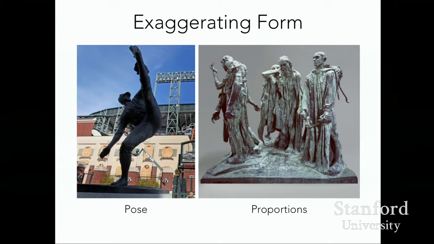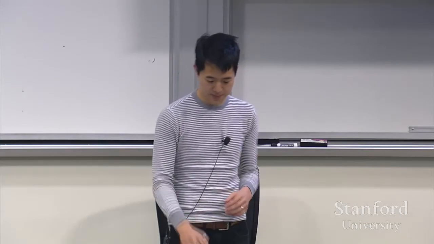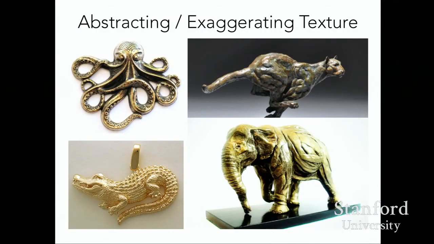And of course, exaggeration happens in the actual form of objects as well. So in the Burghers of Calais, the hands and the feet of these figures are much larger than they would really be. And some have speculated this is to emphasize the feeling of despair of these figures. We've talked about form thus far, but there's also a lot of abstraction and exaggeration that goes into texture as well.